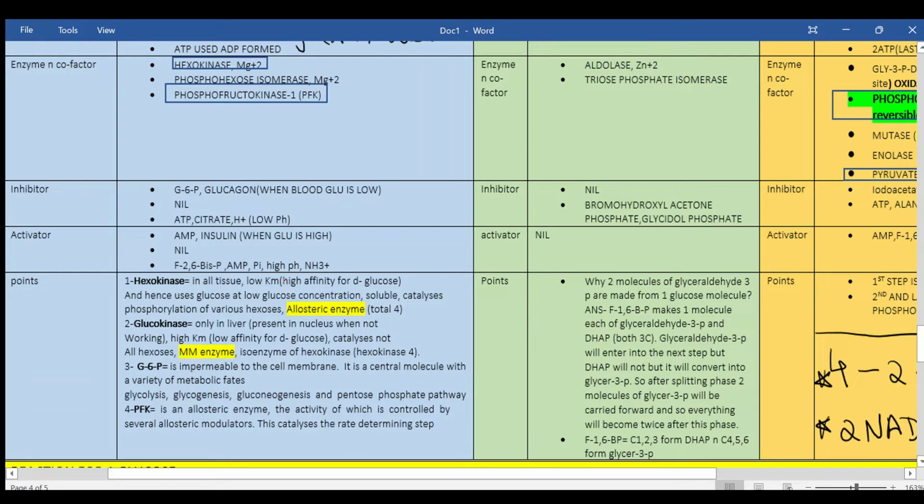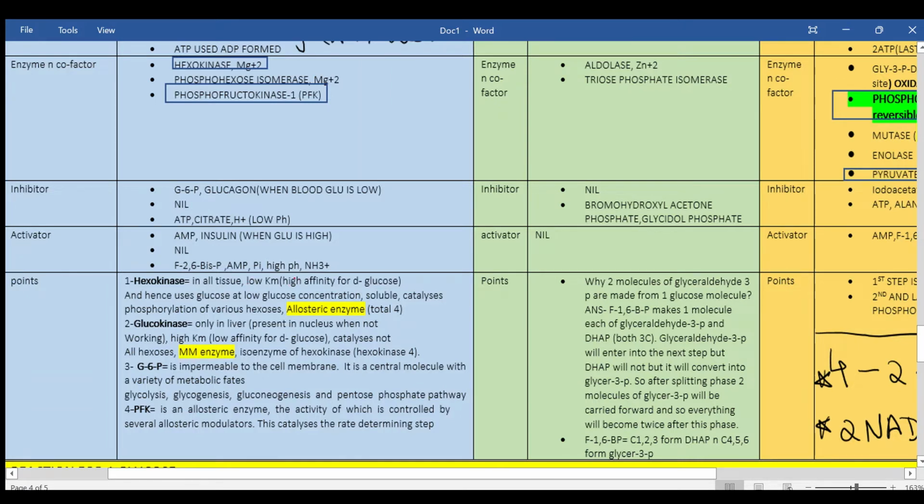Km is the dissociation constant. If the dissociation constant is low, it means the enzyme has high affinity for glucose, so it will be highly bound to the glucose molecule because the dissociation constant is less. It will not dissociate from glucose. It will bind very tightly with glucose.